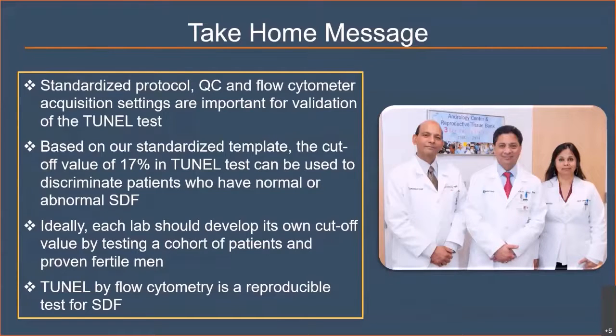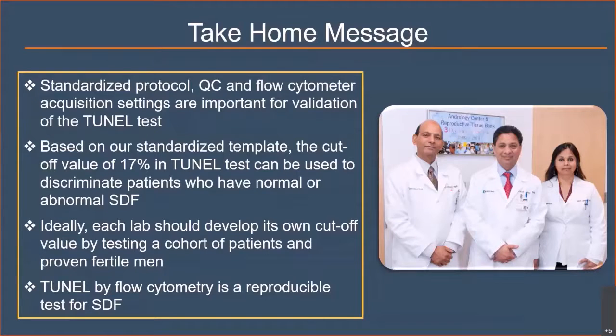Based on our experience, we have created the templates, we have established the cutoff, and in our setting, a cutoff of 17% is what we use to determine the patient samples: those below this cutoff are negative, and they are positive for sperm DNA fragmentation if they have a value higher than 17%.